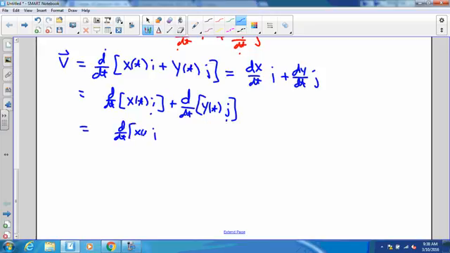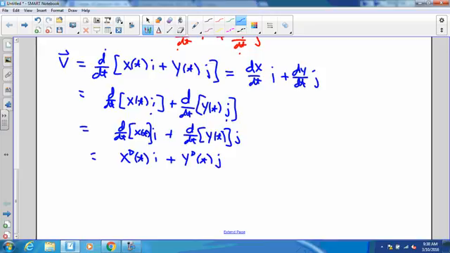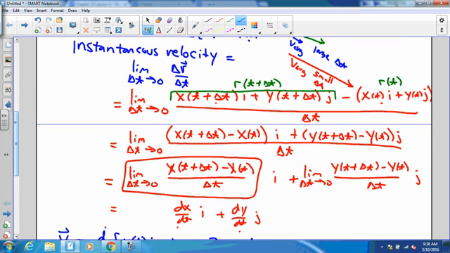And so I can bring that out of my derivative using the constant multiple rule, essentially. Here I'm extending the constant multiple rule. What justifies that mathematically is the limit that I showed above. And so that gives me x prime of t times i plus y prime of t times j.